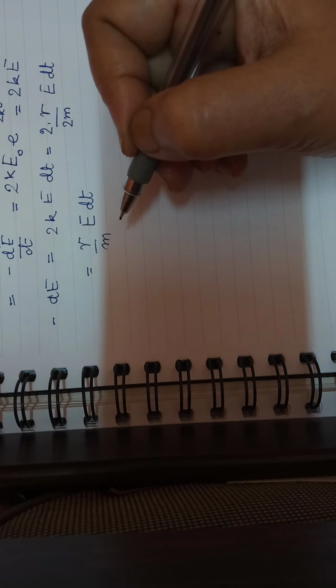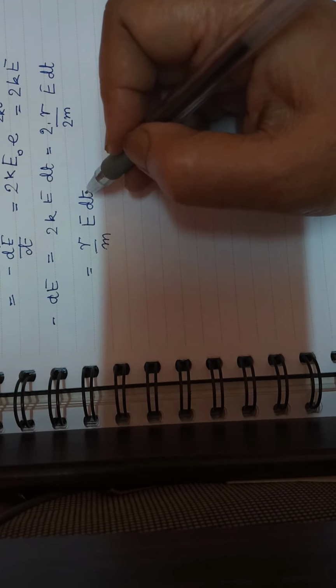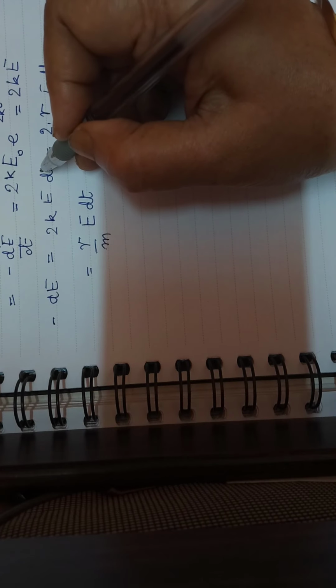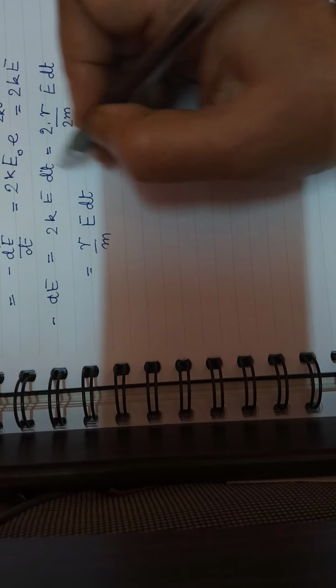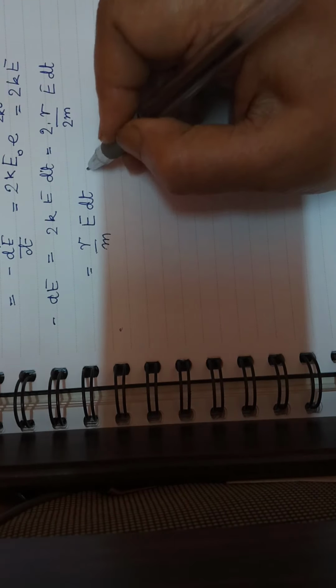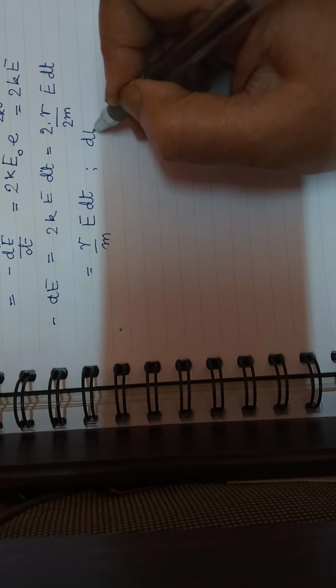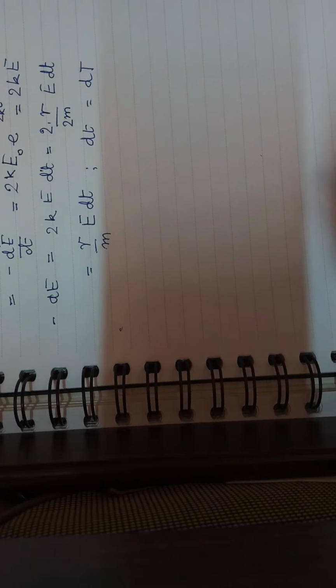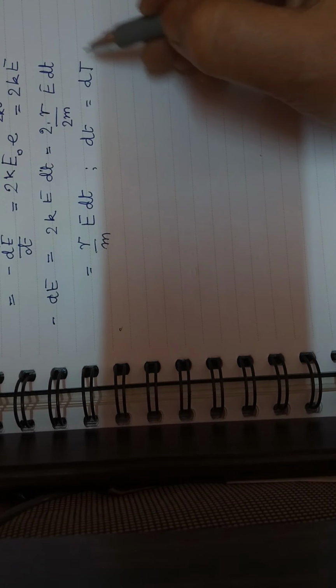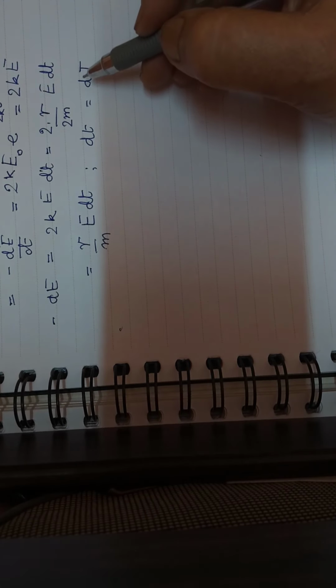What is dt? Let us consider this dt as equal to T. T is the time period of the oscillator. So in one time period, dt equal to T, what do we get?